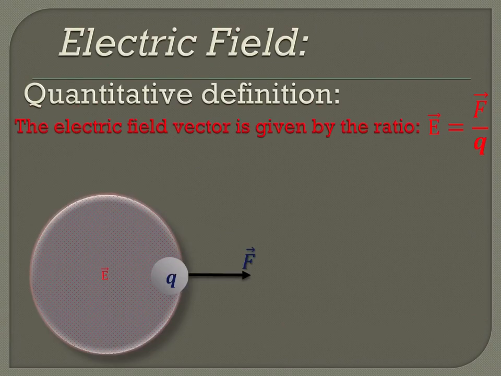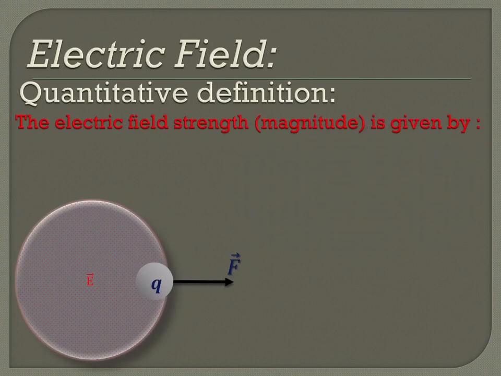Now let's move to the quantitative definition of the electric field, or the formula, where the electric field vector is given by the ratio of the electrostatic force over the small test charge q. In other words, in order to determine the electric field strength or its magnitude, we may calculate the ratio of the magnitude of the electrostatic force over the absolute value of the small test charge q.